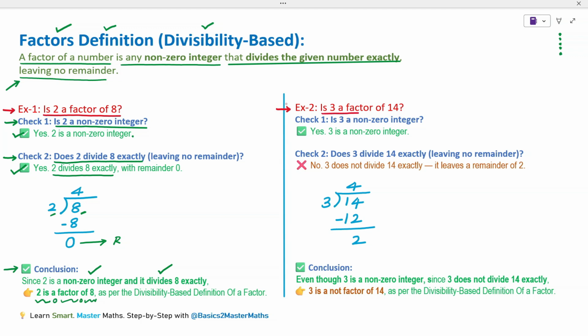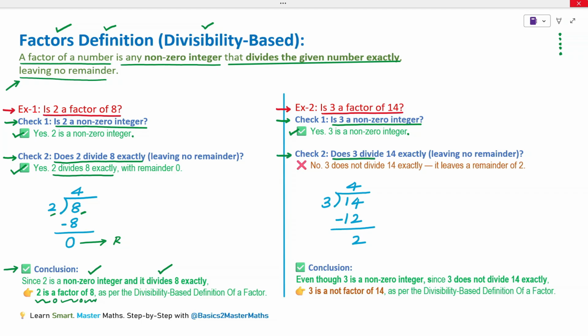Is 3 a factor of 14? Let us check. Condition 1. Is 3 a non-zero integer? Yes, 3 is a non-zero integer. Condition 2.